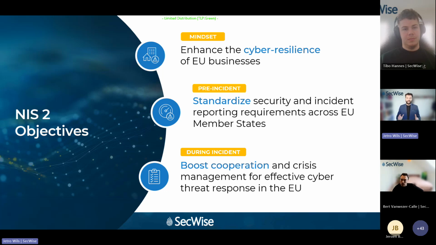What are the communication lines across member states? And then the boost cooperation is also during the incident, right? So we have to change the mindset to cyber resilience. We want to prepare our communication lines and our procedures in case of the incident. And then during the incident, we're not alone. We can work together. That's all on member state level.